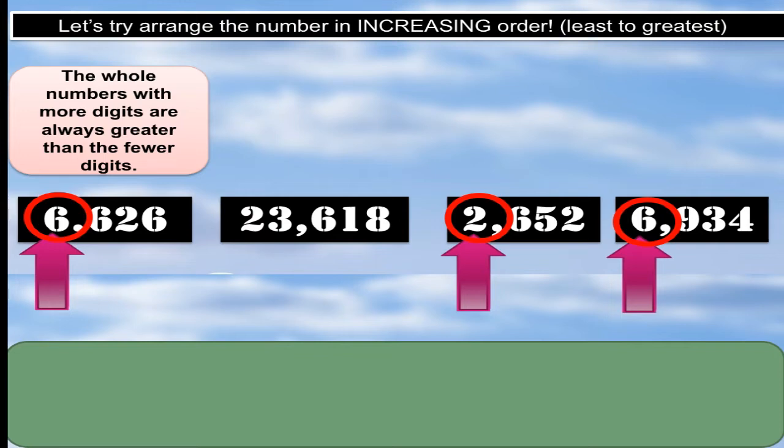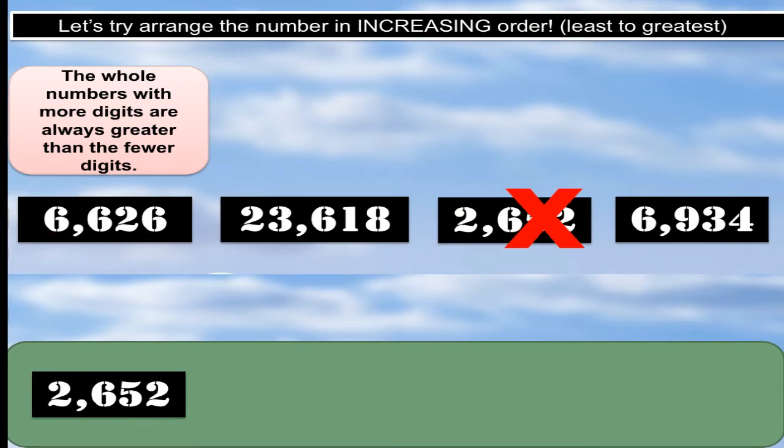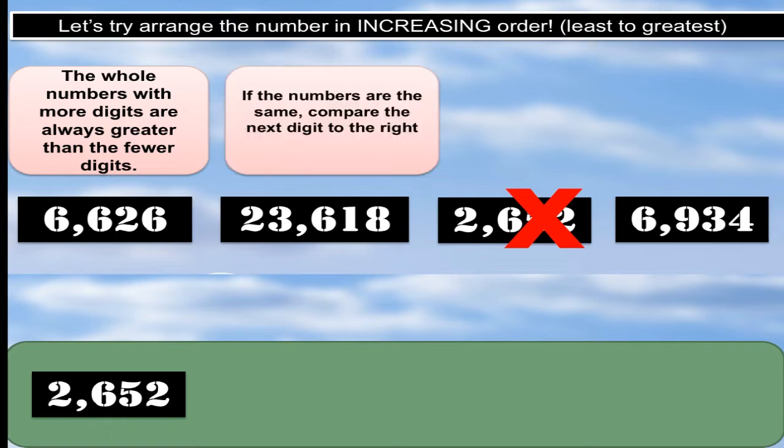So therefore, 2,652 is the least number. And let's just cross that out. Then, let us again compare the numbers. So we have 6 and 6. If the numbers are the same, compare the next digit to the right.